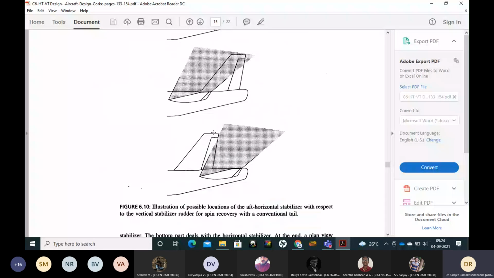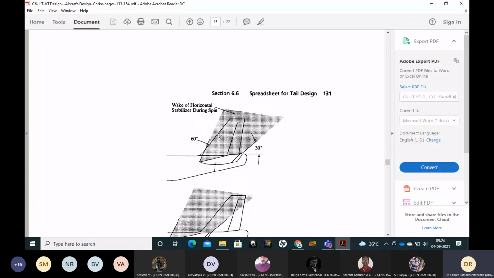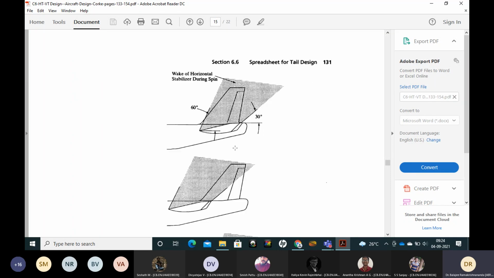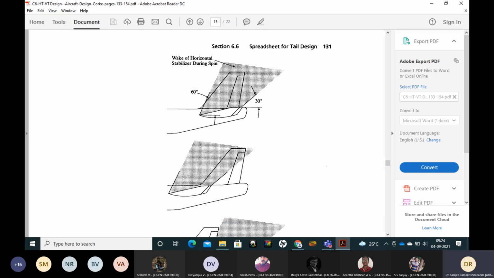So this figure 6.10 will tell you how to place your rudder or shift the vertical tail in such a way that the rudder is out of the horizontal tail's wake. Of the horizontal tail, you take 60 degrees from the leading edge, then 30 degrees from the trailing edge.